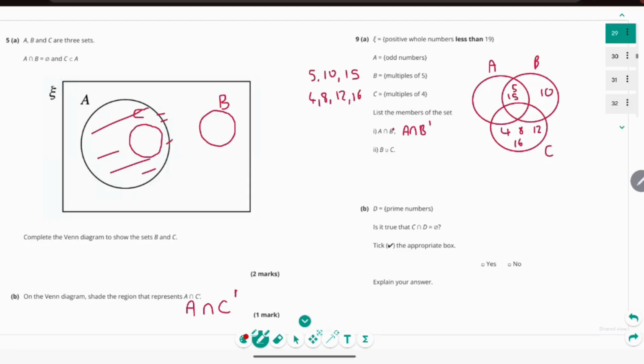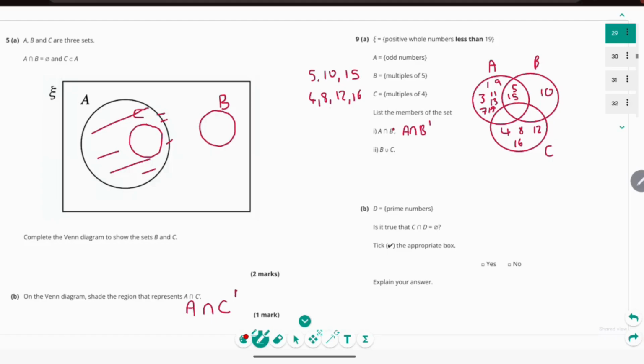Then for the odd numbers, you've got 1, 3, 5, 7, 9. Nope, we've already got 5. Let's get rid of that one. 11, 13, 15 already got. 17. And then outside, I'm not going to bother filling these in because I don't think we need them.